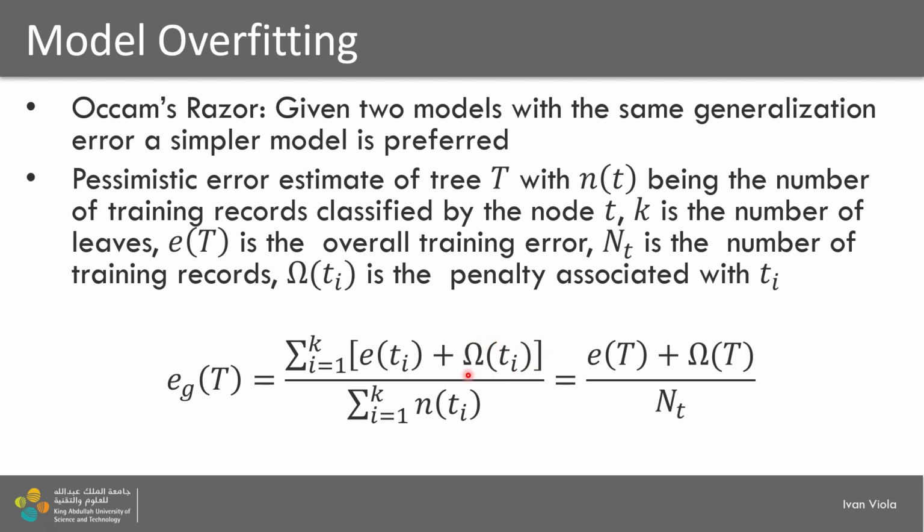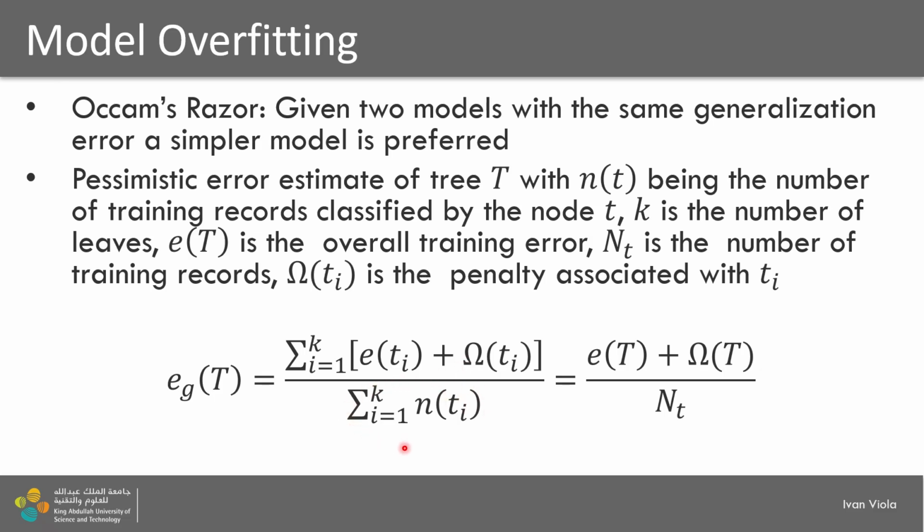This penalty can be associated with every node we expand; with every leaf node we will have one more, so we penalize linearly with the leaf node growth.